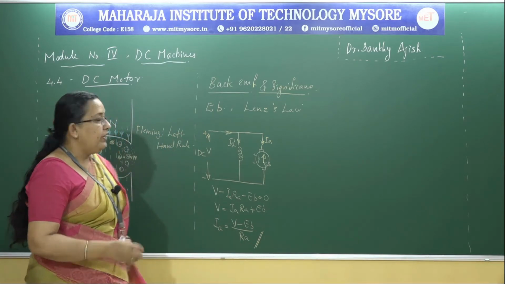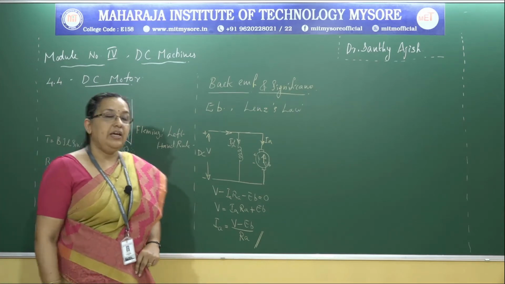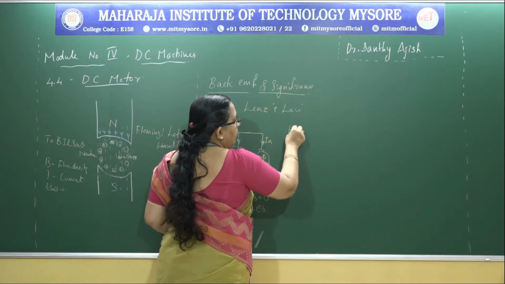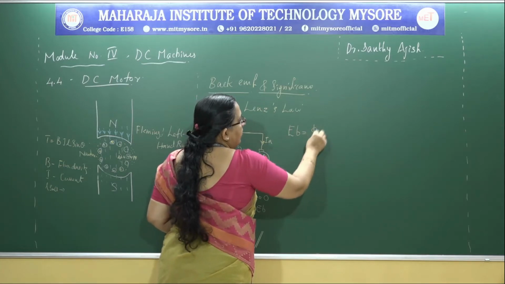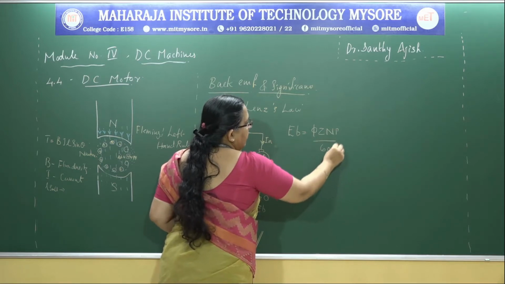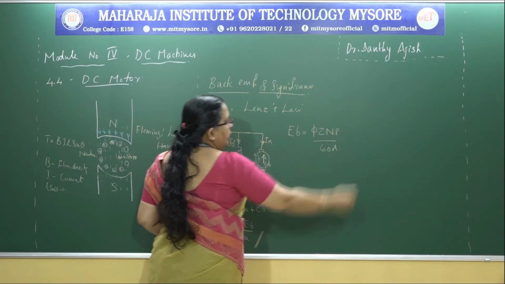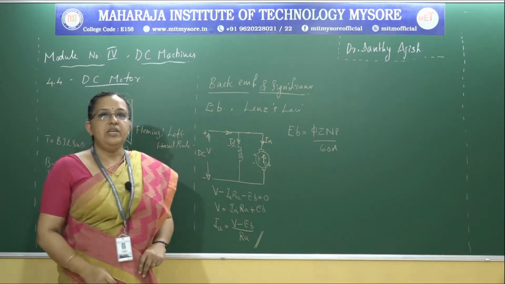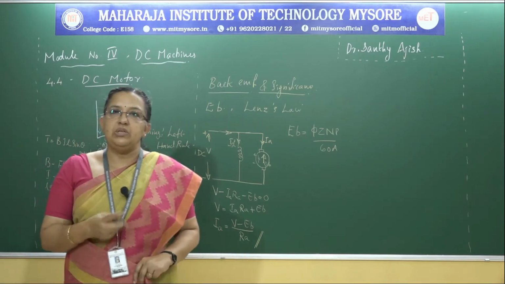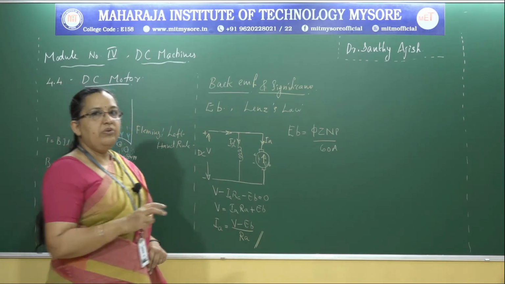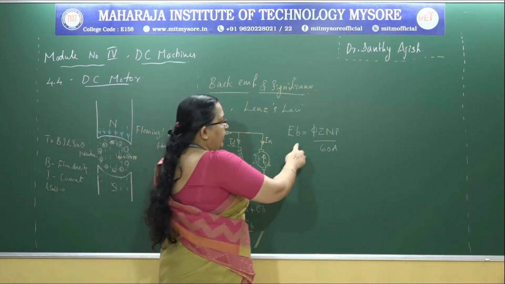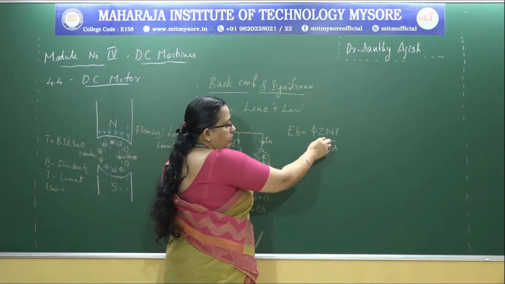Now what is the value of EB? I can write it the other way, according to the generating principle. I can write EB as phi Z N P by 60A, which we derived earlier as the EMF equation. Instead of EG, I will write EB here because this is the back EMF. The same equation applies here because it works on the same principles of generation. Now, what is the proportionality?